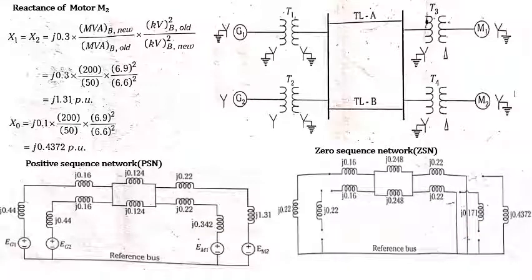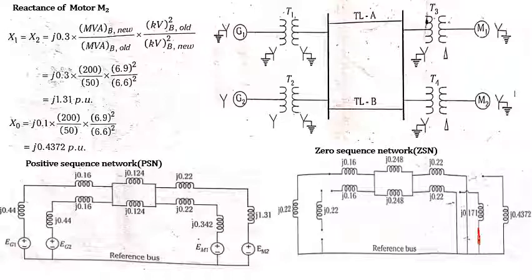So there was a mistake here, we need to close this switch. So this is how we draw the positive, negative, and zero sequence networks.